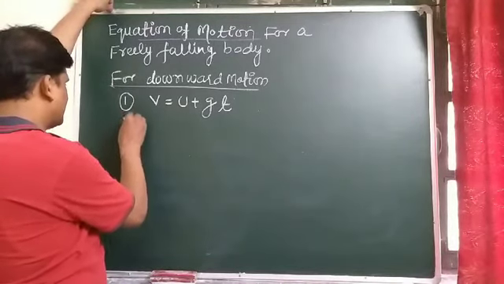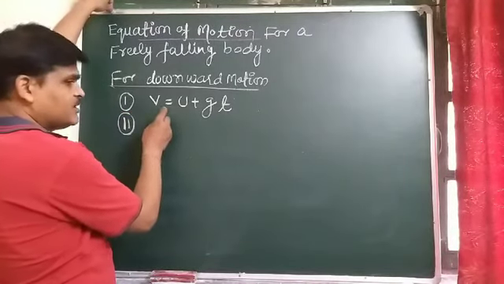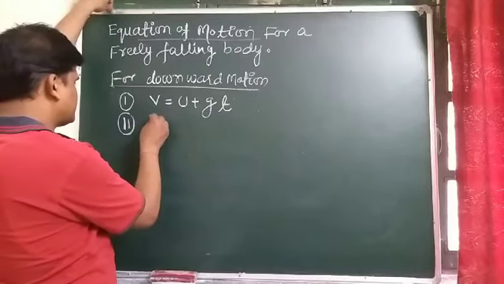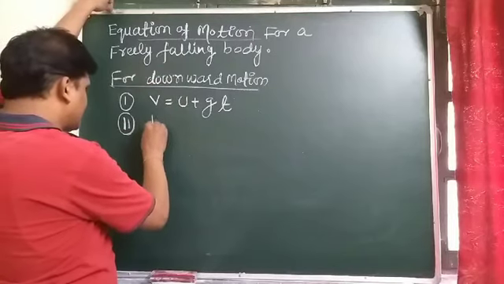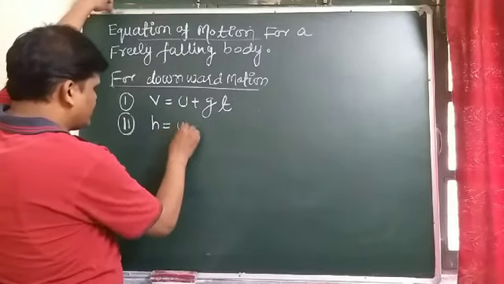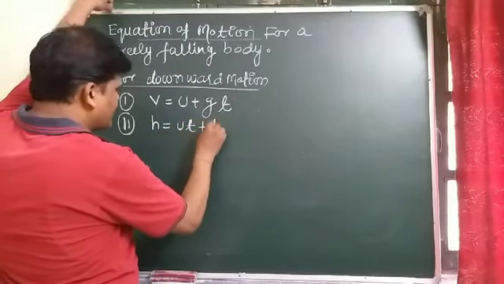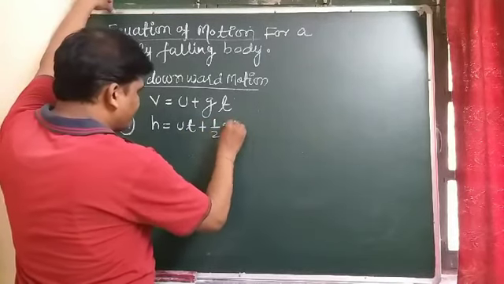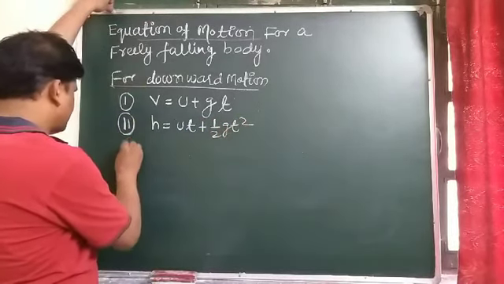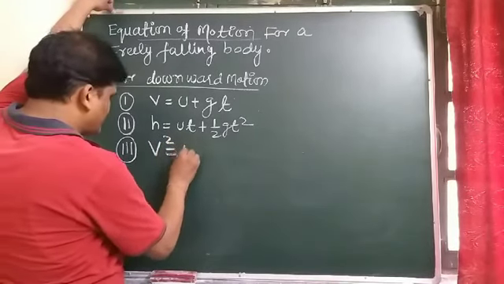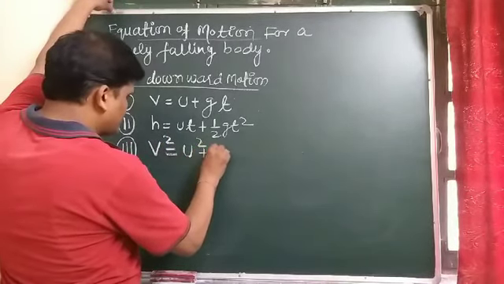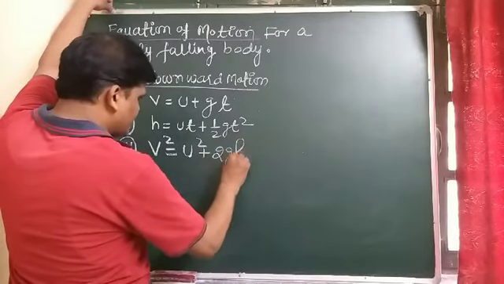Same way, the second equation, s equal to ut plus half at square: in place of s we take height h, so h equal to ut plus half gt square. And the third equation, student, v square equal to u square plus 2gh.